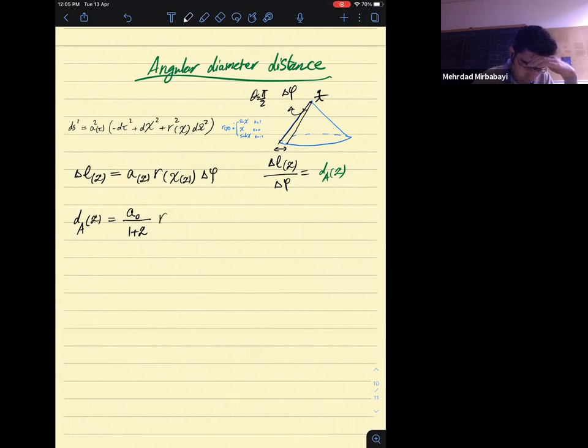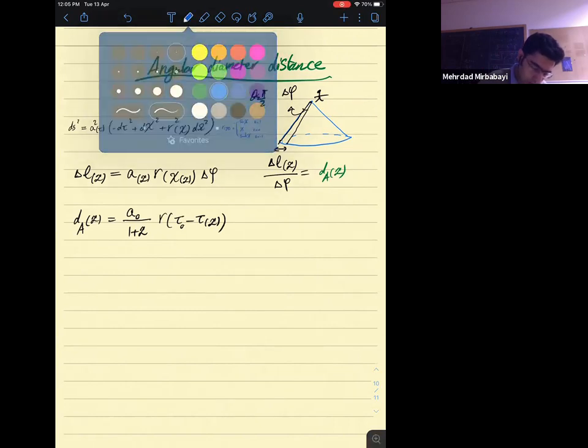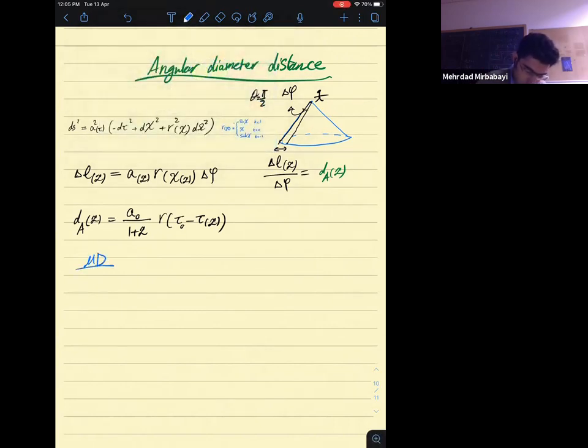And then I have R of chi of z, which is just tau naught minus tau, which is itself a function of z. So now in particular, we can ask in a matter-dominated universe, where we determine everything. So in particular, we know what is tau of z.